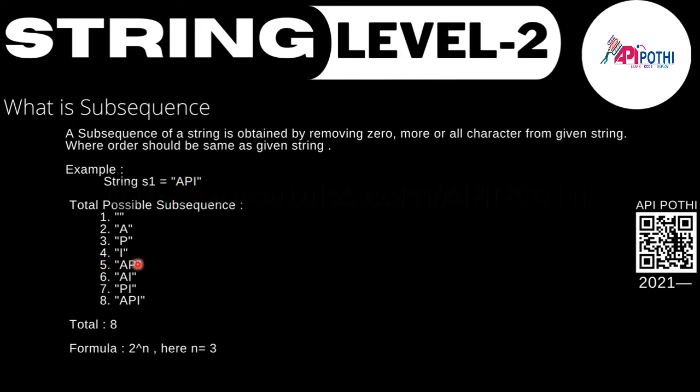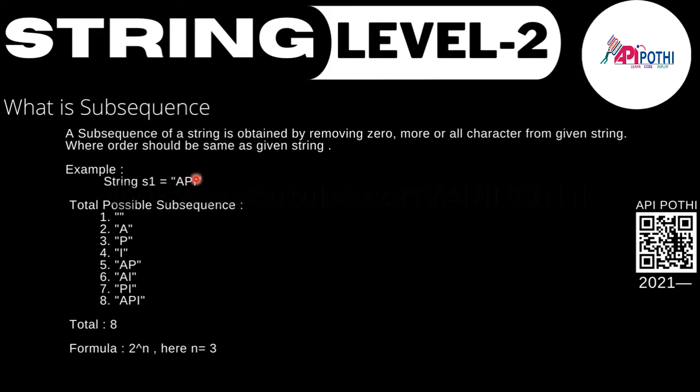Now considering we have the API, between A and I we have the P which we have deleted, and we got AI. Then we can say that AI is a subsequence of API. But IA is not a subsequence of API because we don't have I followed by A. A first came and then I came.